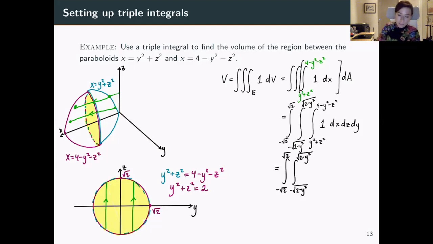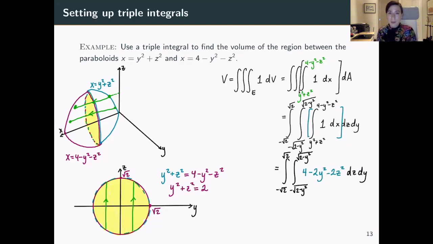And then to first deal with the integral in terms of x, once I go ahead and evaluate it, and I'll leave you to clean up the details, I'll have 4 minus 2y squared minus 2z squared, and then I'll end up with dz dy.